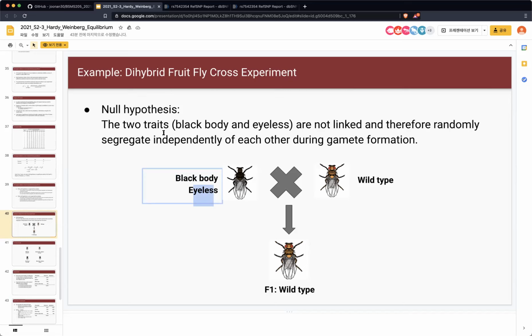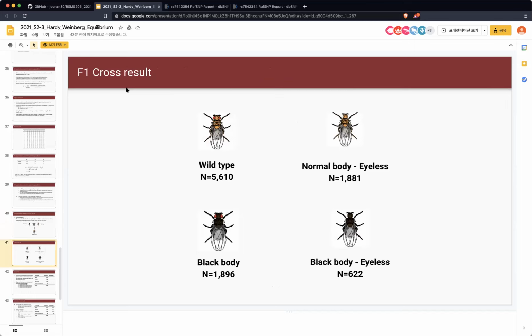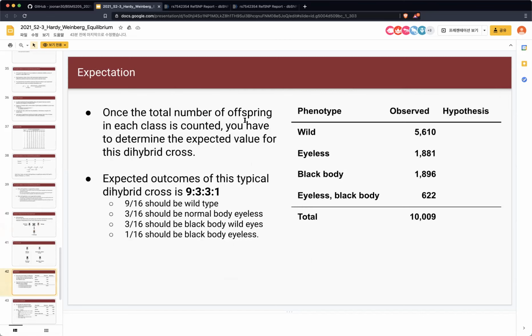And therefore random segregation happens independently during gamete formation, right? But once you do the F1 cross, the numbers are like this, and once you put them into your expectation, this is different from your expectation.